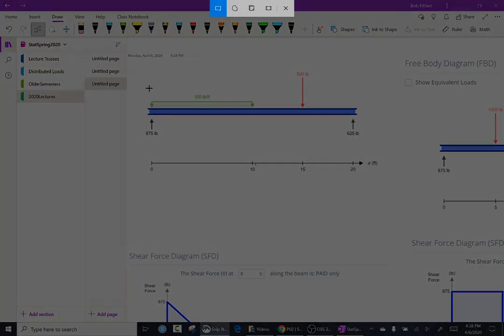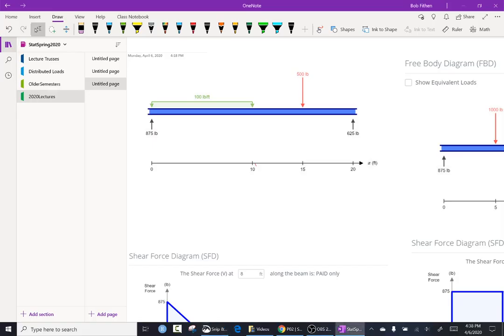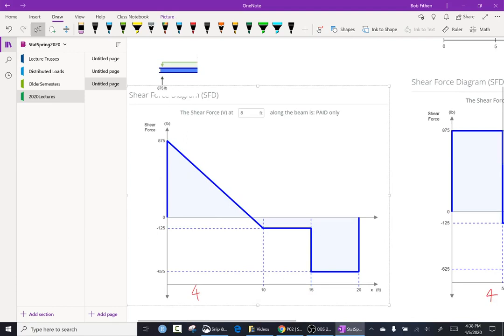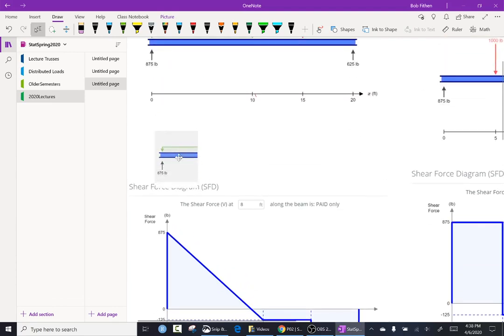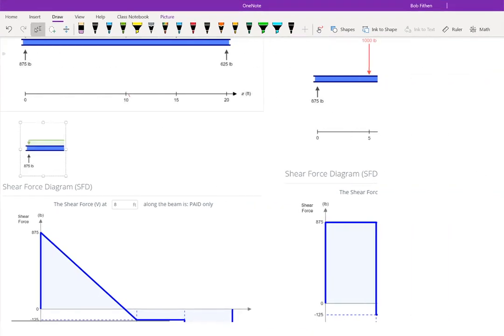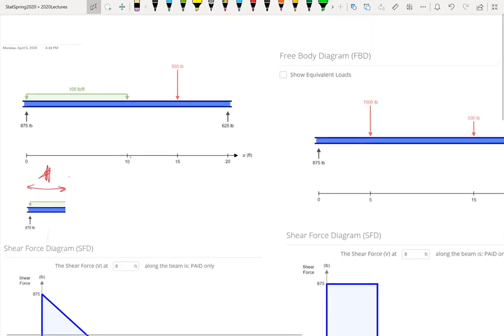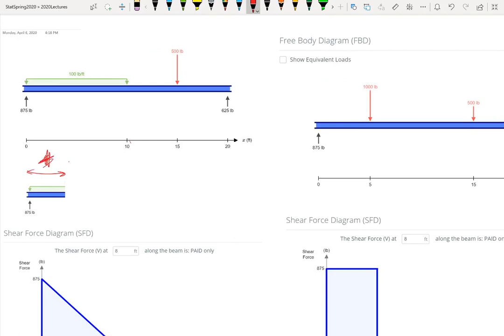Take a snip. And I'm going to go out here to about 4. Now put it right there. And I'm going to say that the distance from here to here is 4. Oops.